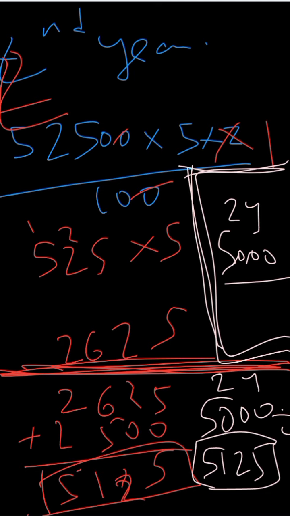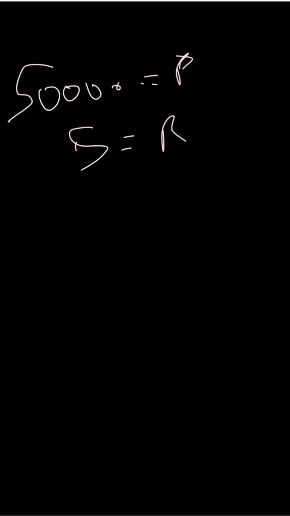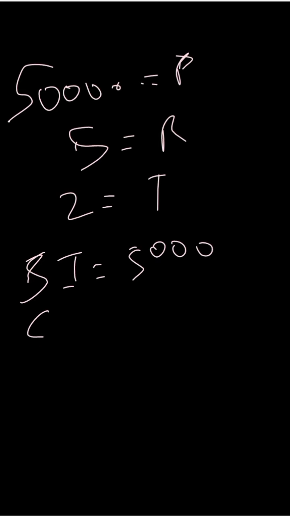So here after 2 years, if this is the principal, the rate is 5% and time is 2 years, then simple interest becomes 5,000 and compound interest becomes 5,125.